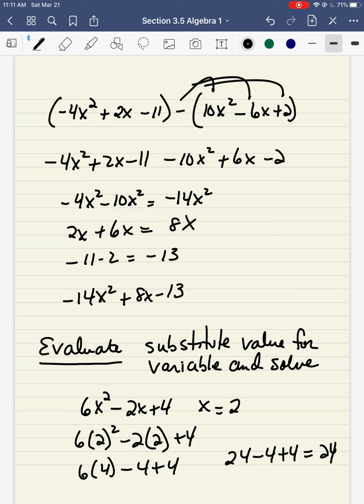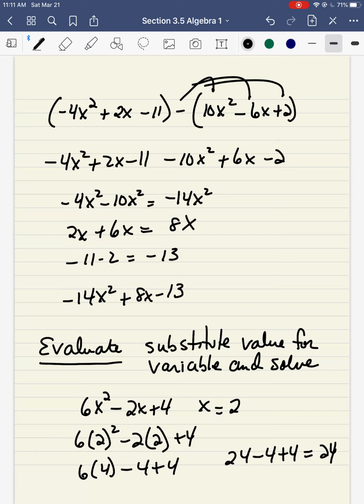What you have to watch out for is when you have a negative sign in front of parentheses, like I do here, the negative sign is distributed over everything that's in the parentheses. So the 10x squared becomes negative, the negative 6x squared becomes positive, and the positive 2 becomes negative. So when you're combining the terms, you're still doing it the same way, you just have to watch out for that negative that was distributed.